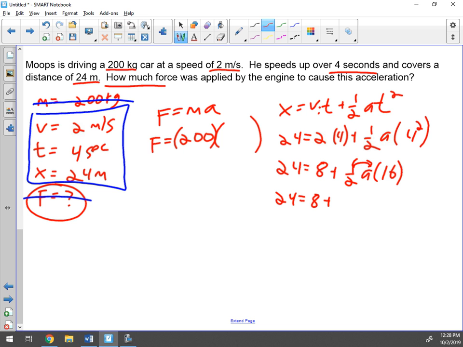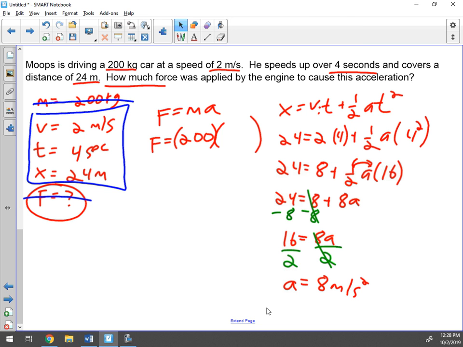Half of 16 is 8, and I still have the a. I'm going to combine like terms. I'm going to subtract 8 from both sides. I get 16 equals 8a. I can divide both sides by 8, and I get a equals 2 meters per second squared.